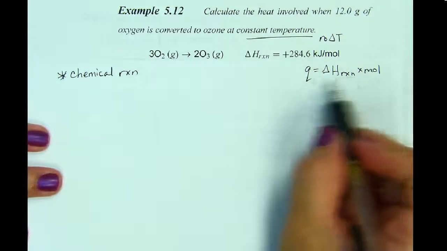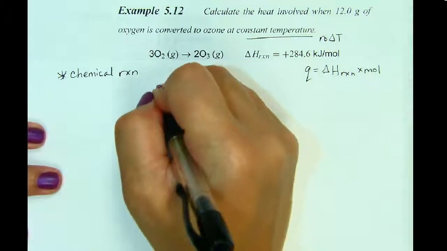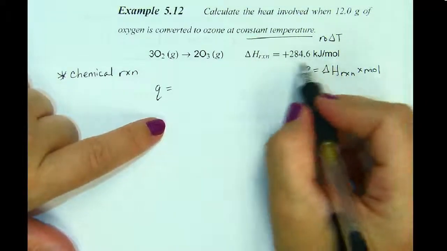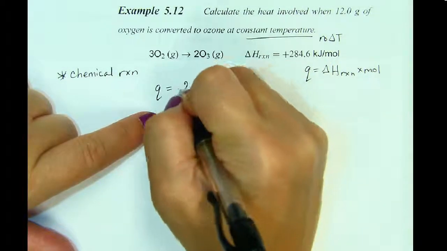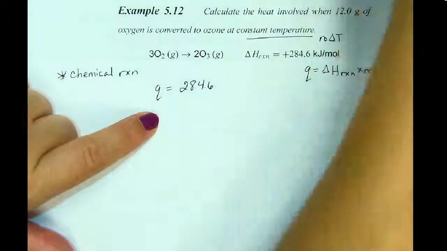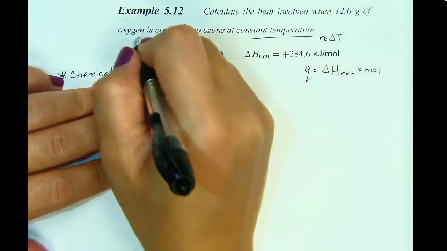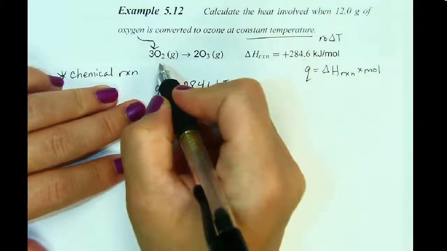If I wanted to use this equation, Q equals, then my delta H of reaction is given to me here, which is 284.6 kilojoules. But we have to take into account the stoichiometry of oxygen in the reaction.